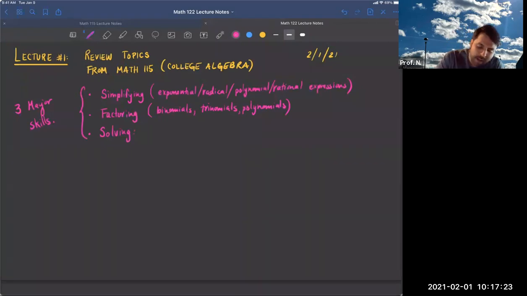So solving, what kind of equations though? Well, you've done linear, obviously. It's like the first kind of equation you solve. You talk about quadratic equations. We also talked about rational and radical equations.